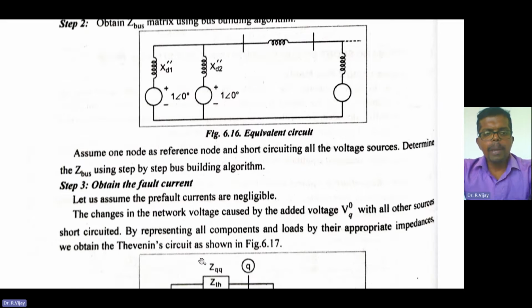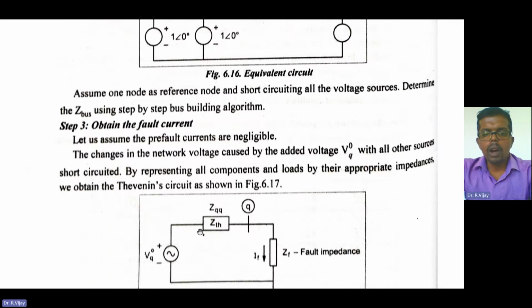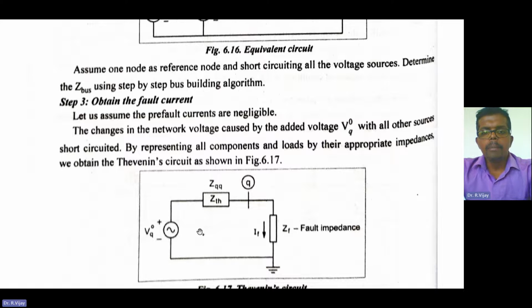Next, step number 3, obtain the fault current. How to obtain the fault current: the same thing, by using Thevenin's theorem. Converting all the voltage sources into a single voltage source, that is E Thevenin, and with that the phase sequence also you need to mention.